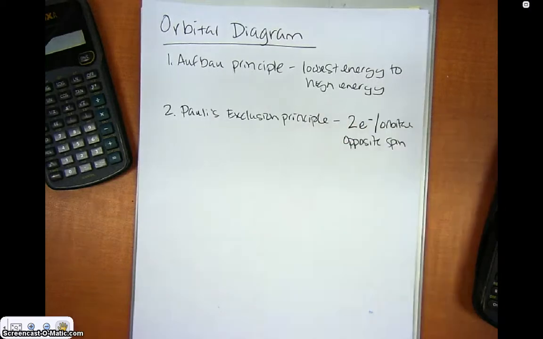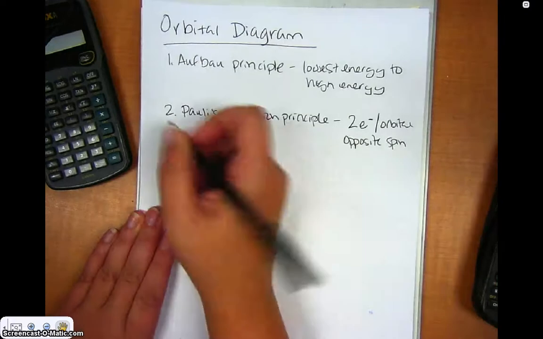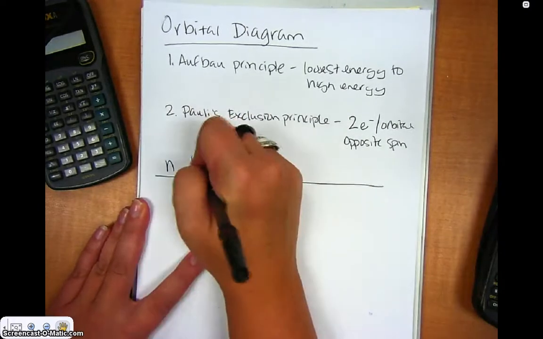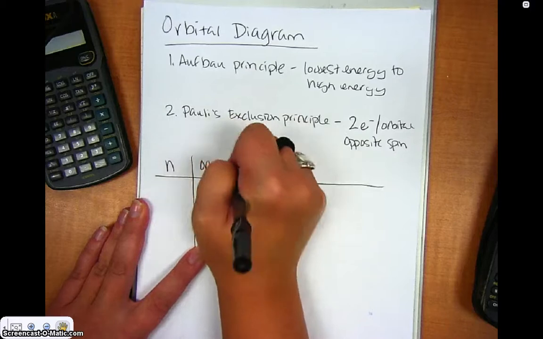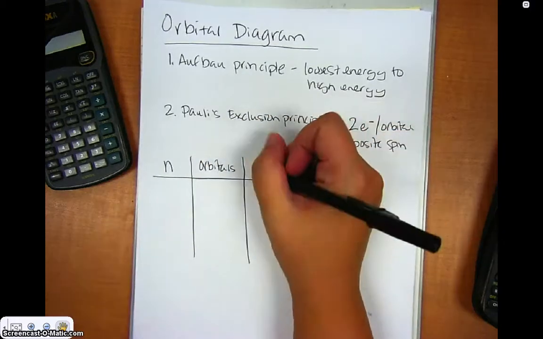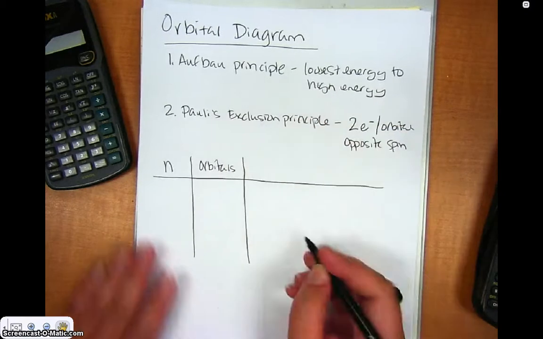spin. Okay, so just a reminder that we have our n number, and it's going to have certain orbitals, and the orbitals within that are going to hold 2 electrons each.